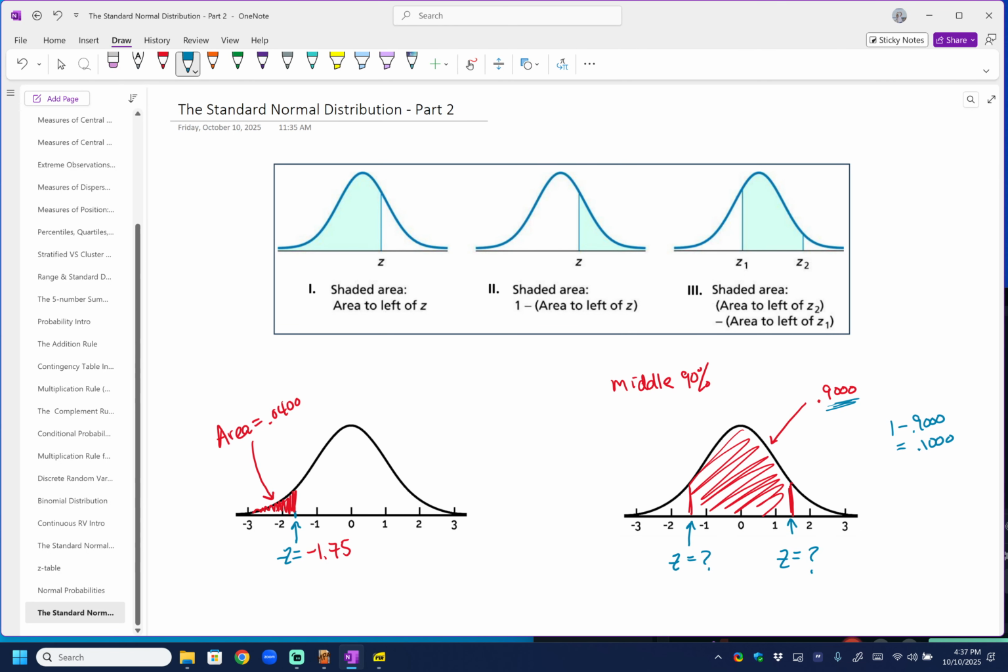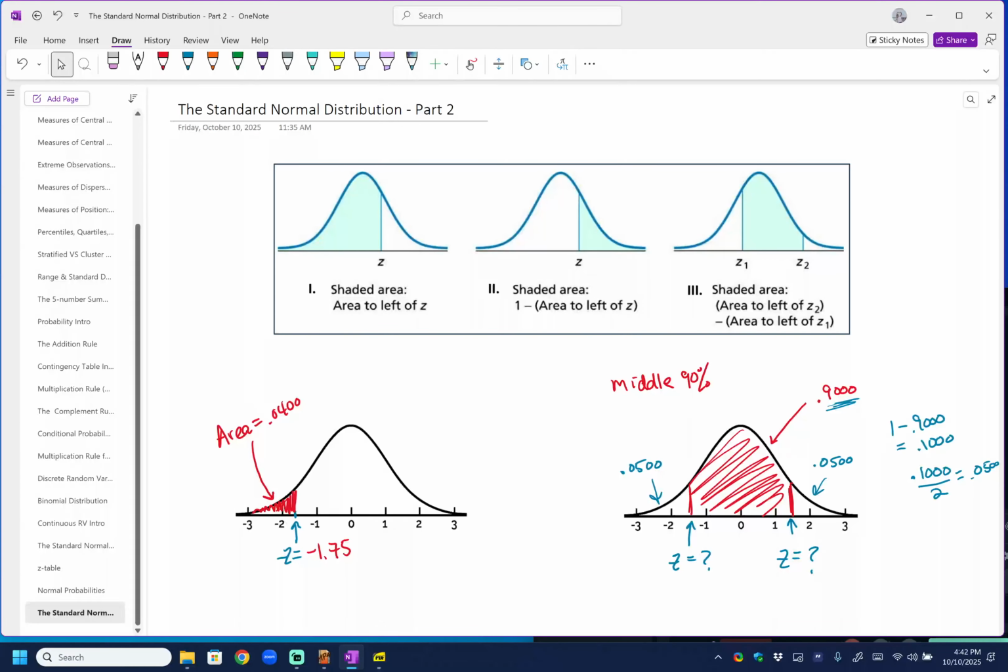And if we want to know what's going to be in each tail here, then we should be able to take this value and just divide by 2, which is going to give us 0.0500. So we know for sure that this is going to be the case for the areas in each tail.